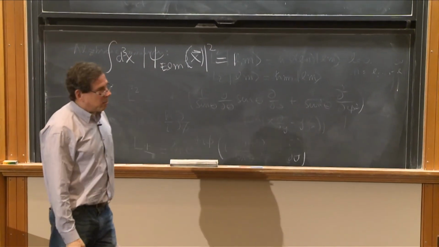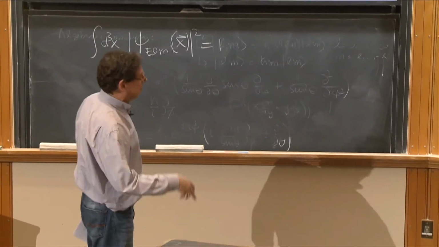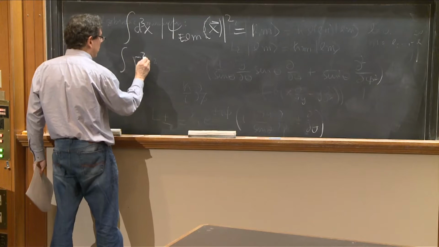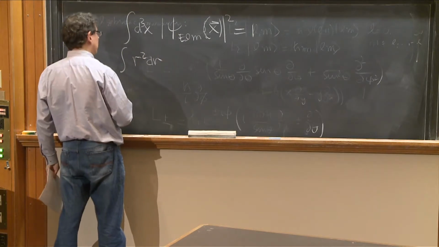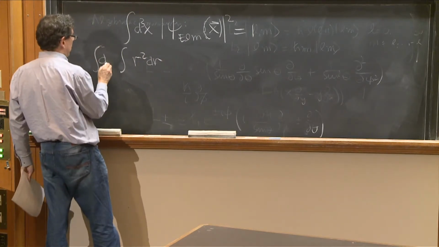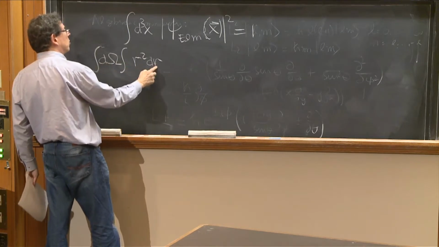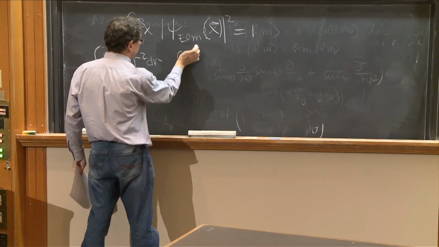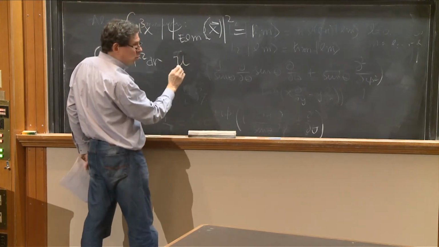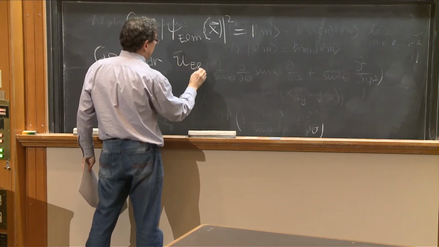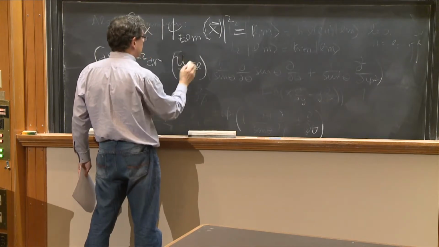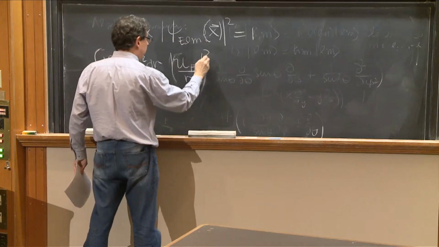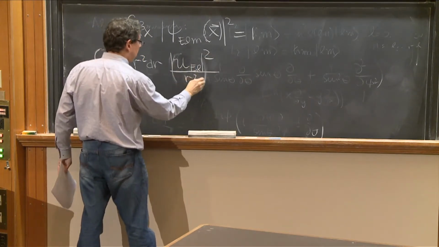So clearly, we want to go into angular variables. So again, this is r squared dr, integral over the solid angle, and this thing is now |u_l(r)| squared over r squared.